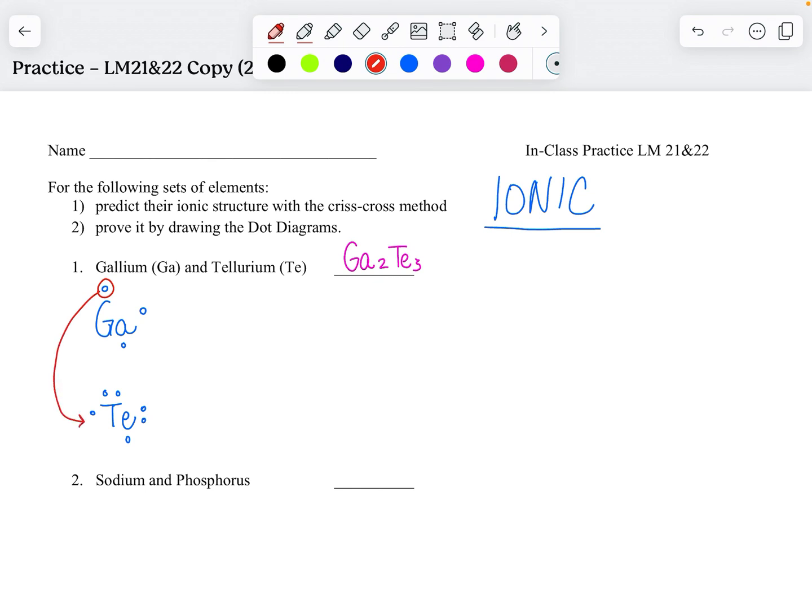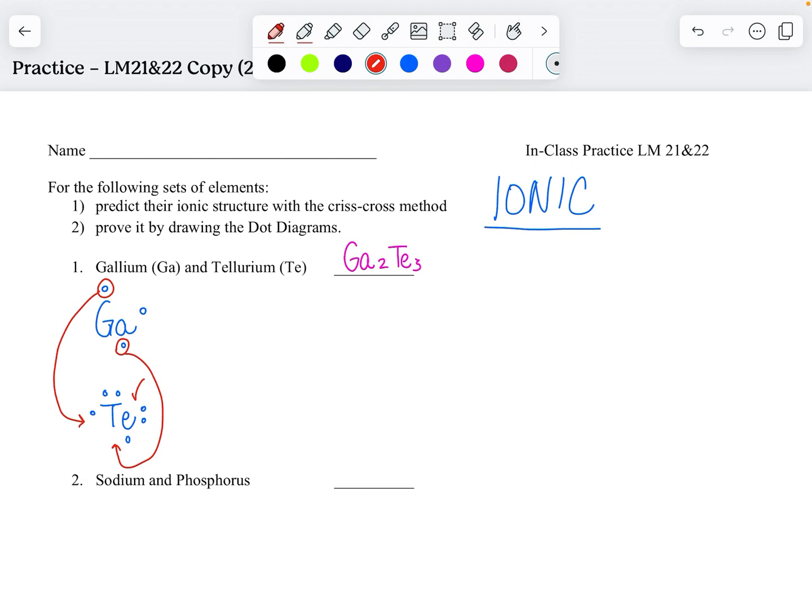So we're going to show the journey of each electron with an arrow. So 1 electron has moved from gallium to tellurium. Tellurium has to gain 2 to create a stable full octet in its valence level. So tellurium has now gained 2 electrons. It has 8 electrons in its valence level now. I'm going to give it a check mark. Now gallium, however, is not yet stable.